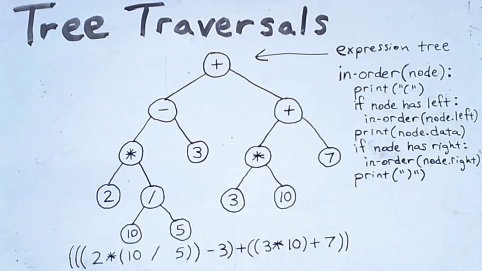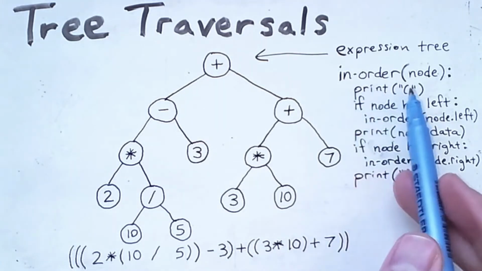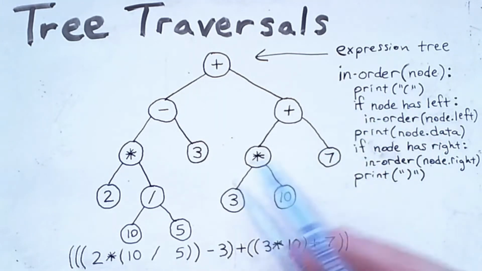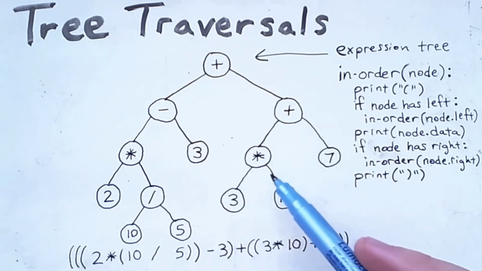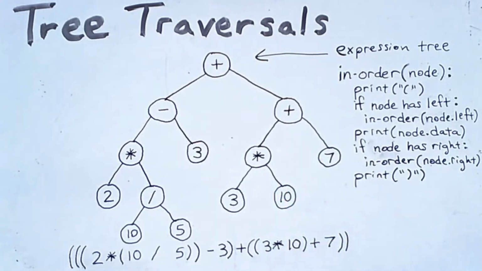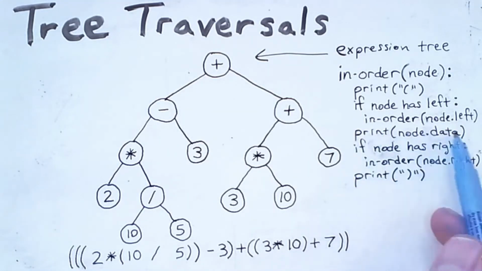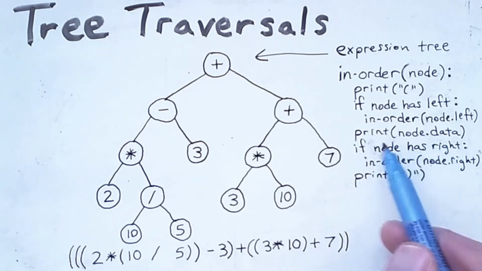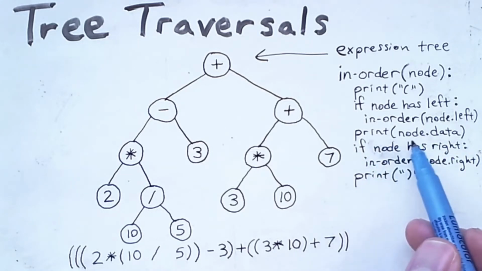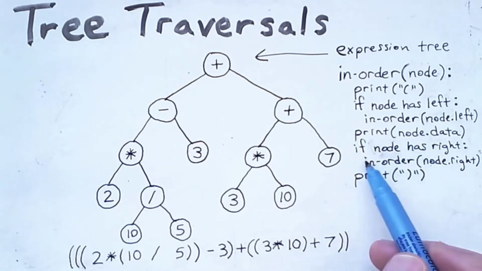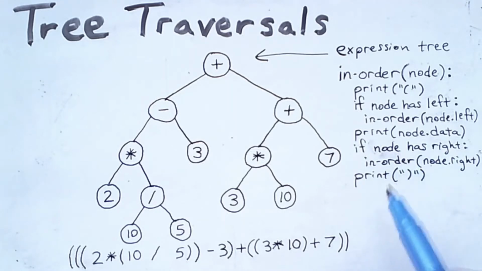In general, in-order traversals are very common, and they don't only apply to expression trees. But the steps that are essential for an in-order traversal are simply visiting the left, then doing some sort of operation on the data in the current node, and then visiting the right. And so those are the fundamental steps in an in-order traversal.